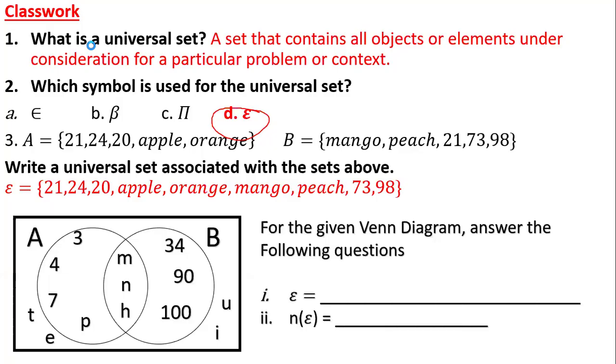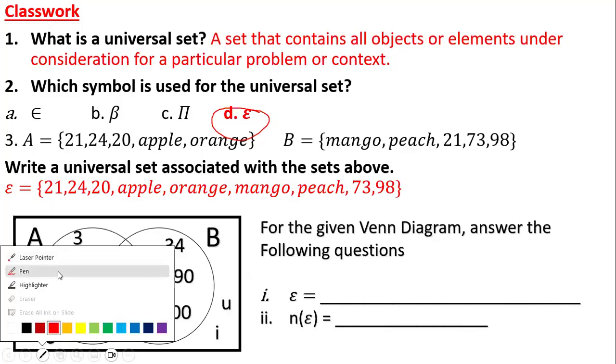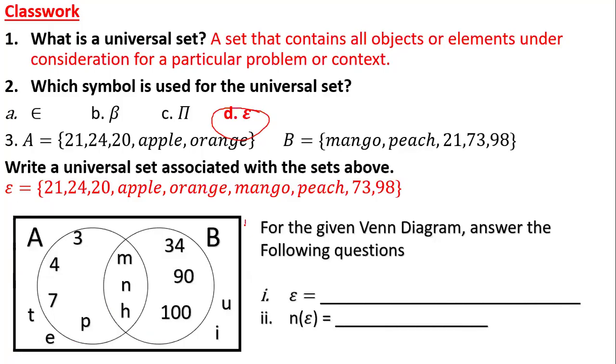Okay. So we have this question. Read the question for me, please. For the given Venn diagram, answer the following questions. Number 1 is E, or the universal set. And number 2 is how many elements are in the universal set.